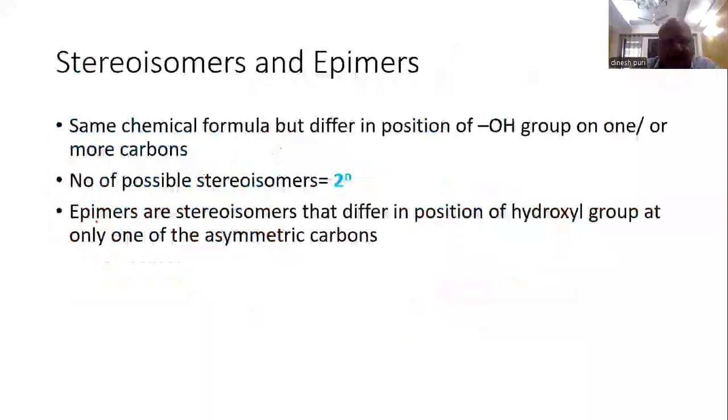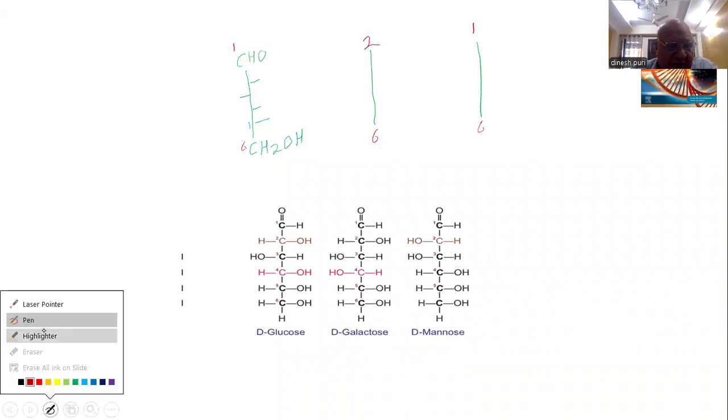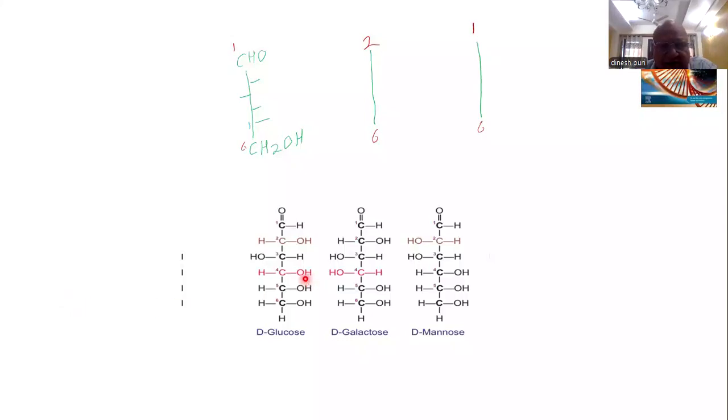Now we come to the other geometric isomers, stereoisomers and epimers. Stereoisomers have the same chemical formula but differ in the position of the hydroxyl group on one or more carbons. I'm going to elaborate. This is glucose and this is galactose. Everything is the same, but at the fourth position, the position of the hydroxyl group has changed.